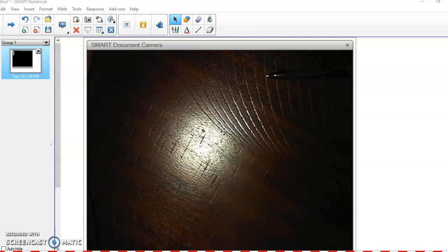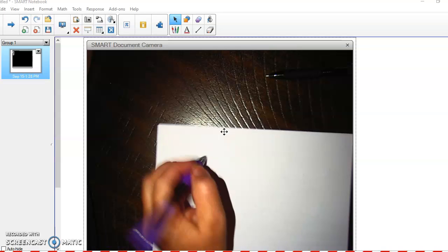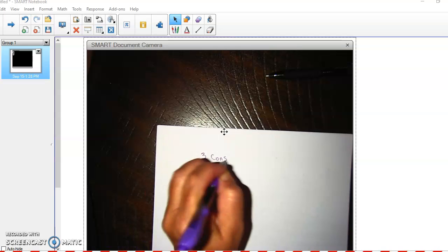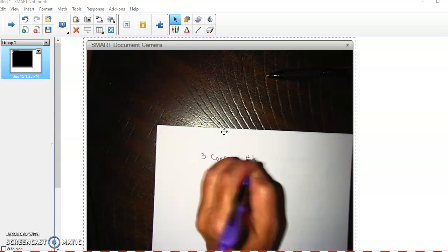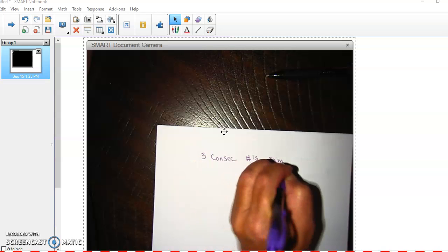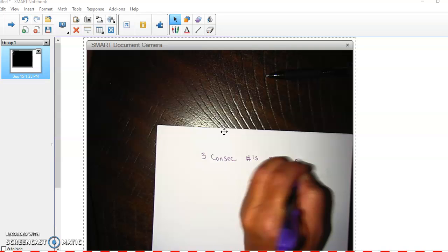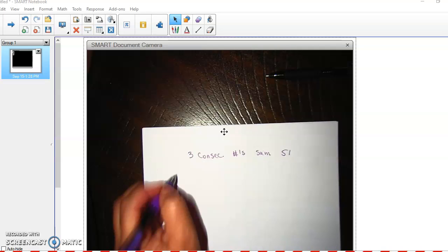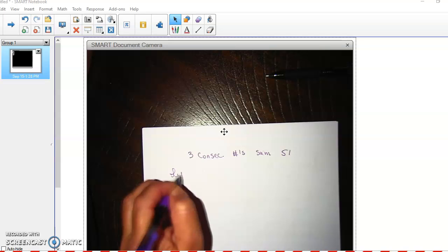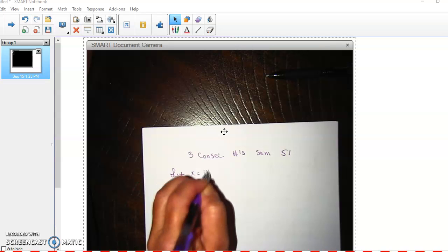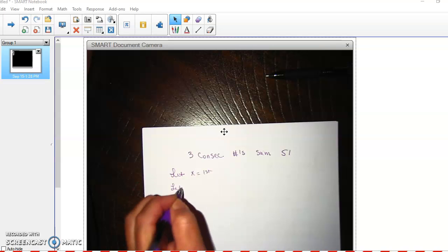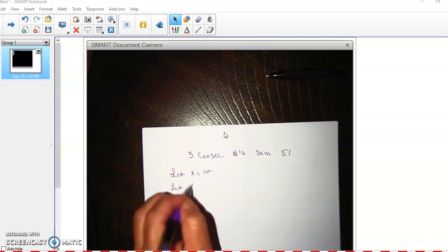Let's find 3 consecutive numbers, and the sum is 51. So let's do our let statement again. Let x equal our first number. What do I have to do to x to get to my second number? I've got to add 1 to it.